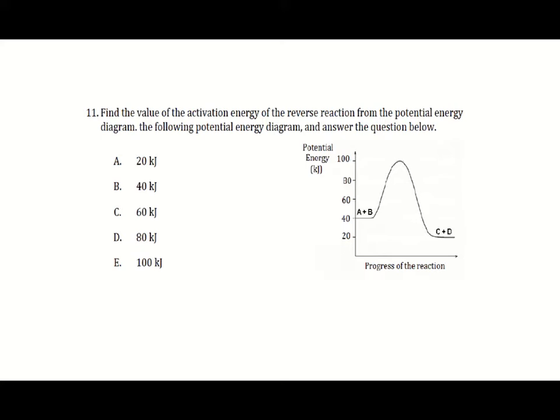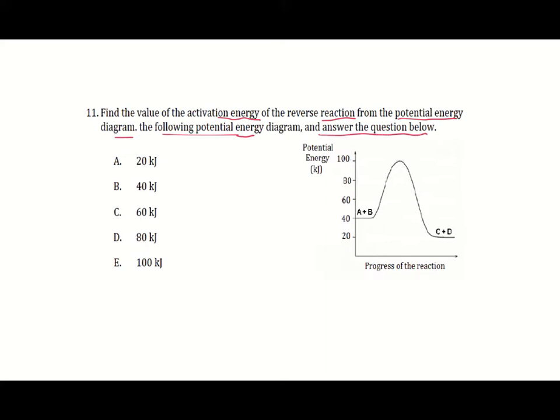Now we will be more confident when we answer this question because we understood a lot about the activated complex and activation energy. Let's read the question. Find the value of the activation energy of the reverse reaction from the potential energy diagram.